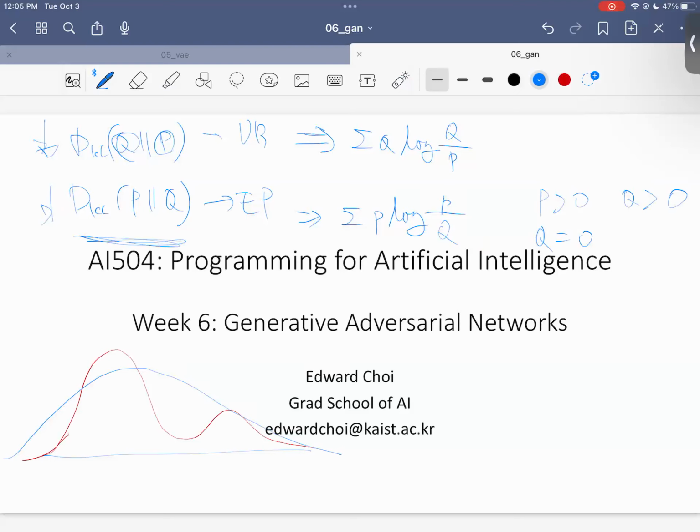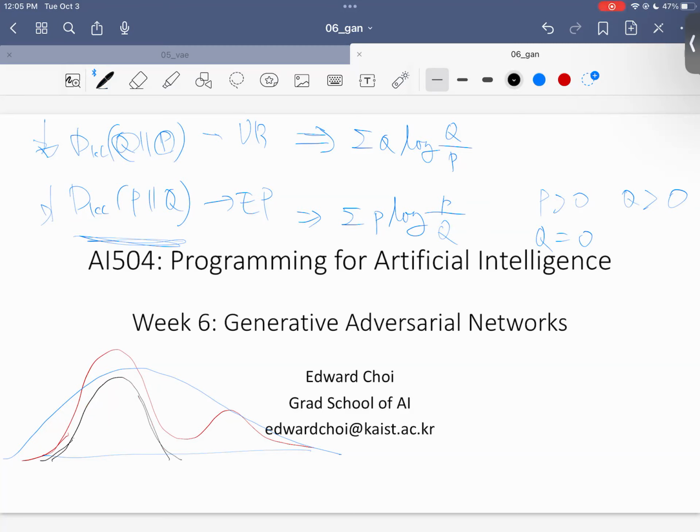반대로 QP를 보시면 Q가 위에 있고 P가 아래에 있기 때문에, P가 0인데 Q가 0이 아니면 큰일 나거든요. 또 폭발할 거잖아요. 그러니까 반대로 이때는 이렇게 생겨야 돼요.